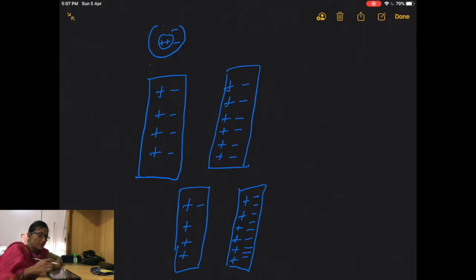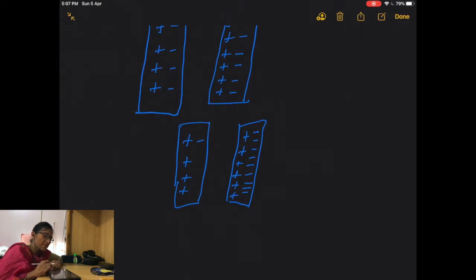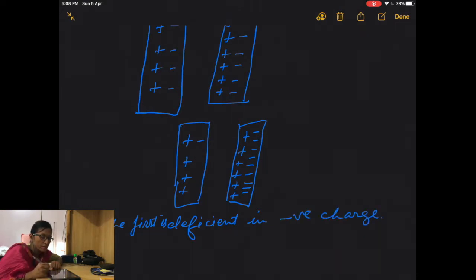So you can see that the first becomes deficient in negative charge. So it becomes positively charged.